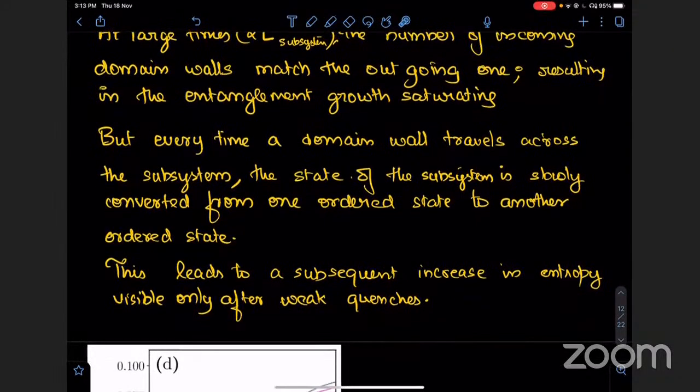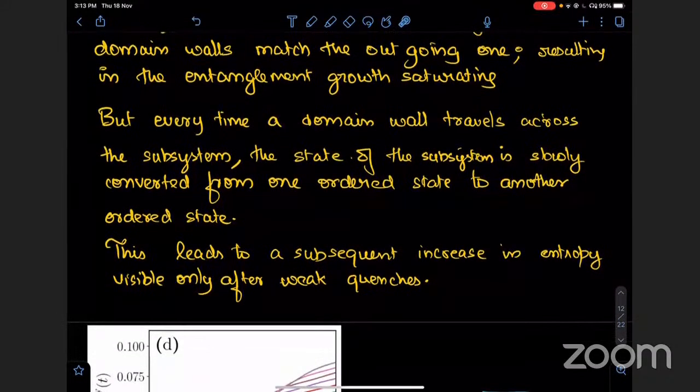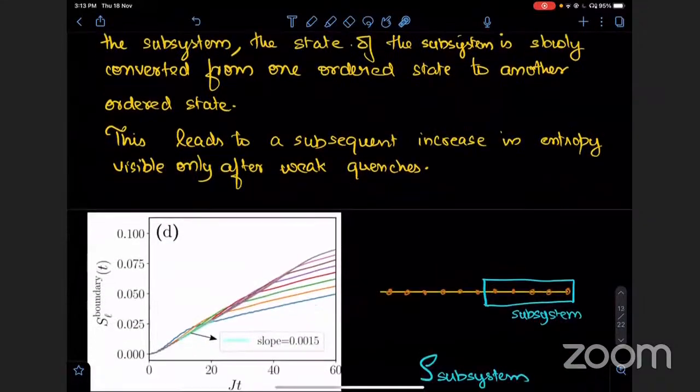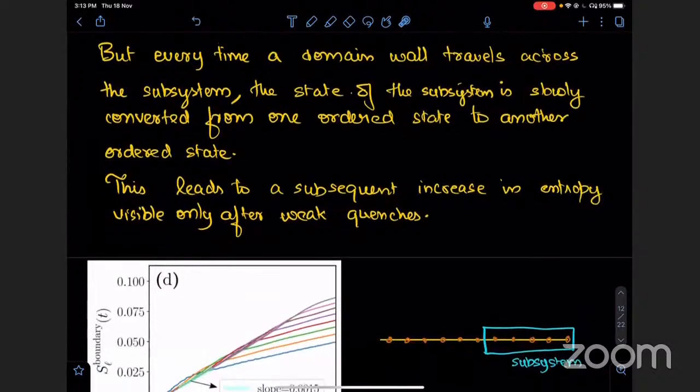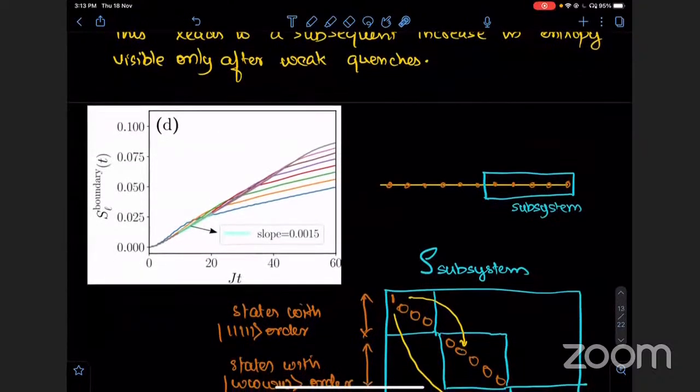So every time a set of domain walls crosses the system, it becomes more and more likely to be in the opposite ordered phase. The result of this is that after a weak quench, the entropy keeps increasing even after the expected saturation.